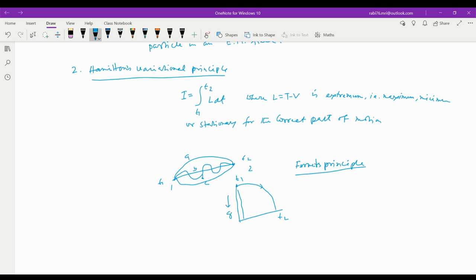And next, this is a basic principle in nature, because the same type of principle is Fermat's principle for light rays traveling from one medium to another. This principle dictates that light will travel in a straight line as long as you are taking it as a particle, or its wave nature is ignored because the wavelength is very short compared to the path length.